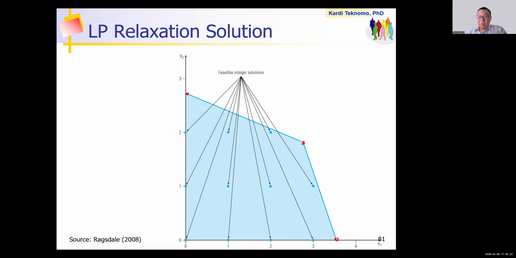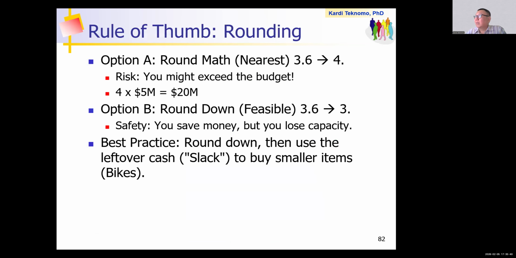But if you need to get integer, then you find the integer solution. These blue points are the possible solution. Discrete. So in that case, you need to round up or down.